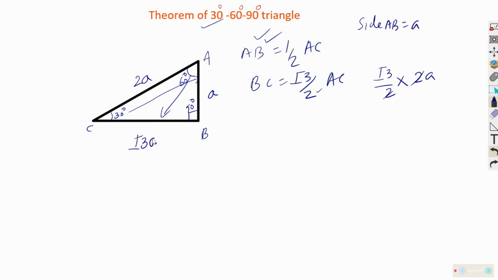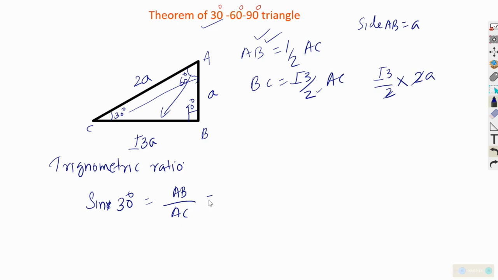If this is true, we found that in the case of trigonometric ratios, the ratio is telling us the following. The sine ratio of angle 30: sine of angle 30 is nothing but, in this case, opposite side, which is AB, upon hypotenuse AC.